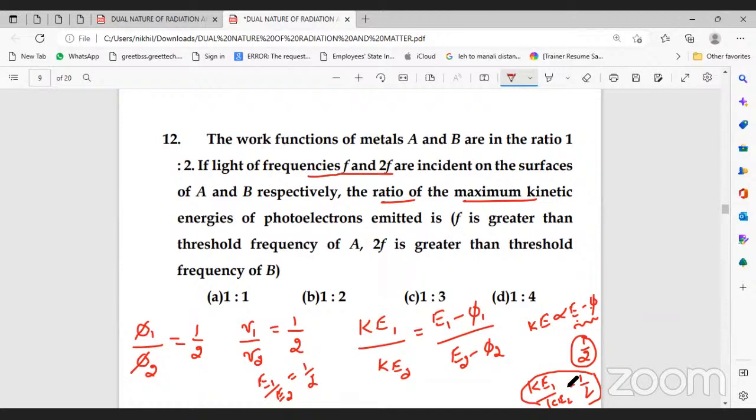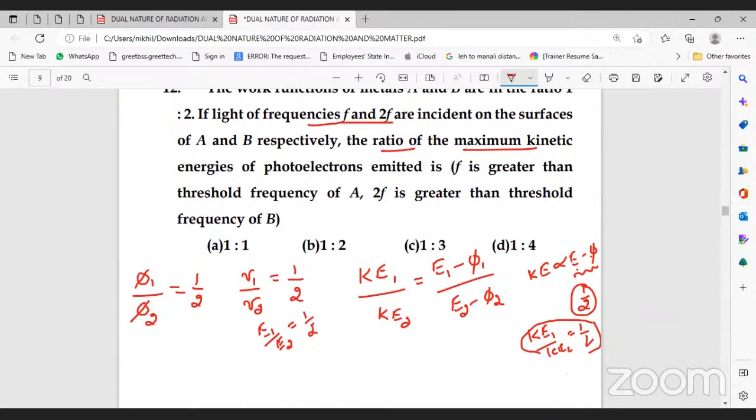If you are going with the exact calculation, then you have to go with equations. You know that. Two metals, they have defined.